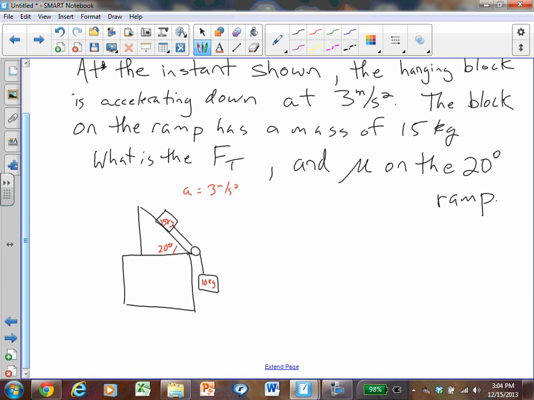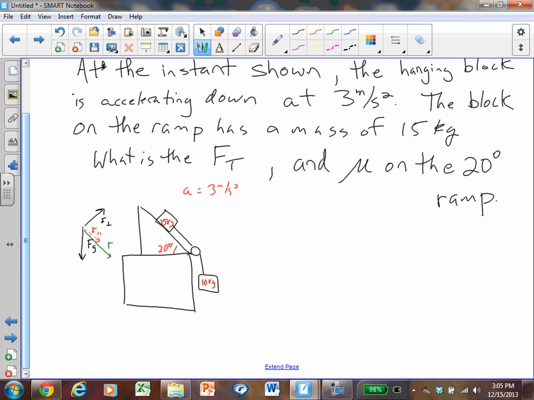Okay. Again, we start with free body diagrams for both. The one on the ramp would have Fg down and F perpendicular. It would have F parallel and a tension force.